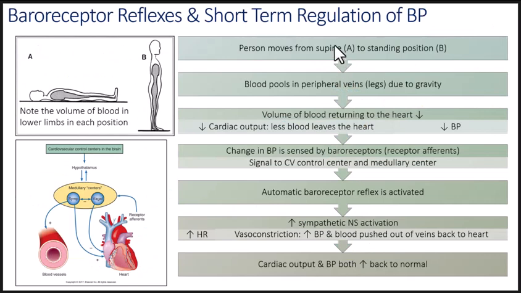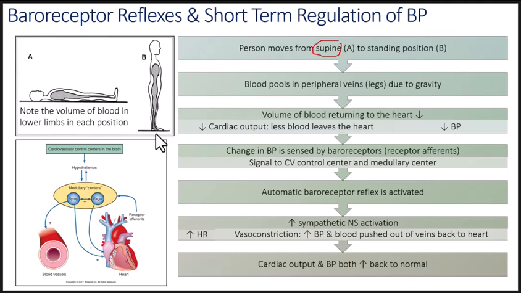When you are lying down on your back, so we'll say a supine position, so this is supine here, blood is sort of evenly distributed when you're lying down because you don't have gravity pulling towards just your feet like when you're standing. But when you stand up, so you move from supine to a standing position, now because of gravity, blood is going to pool within the peripheral veins, so really within your legs, so gravity pulls on it.